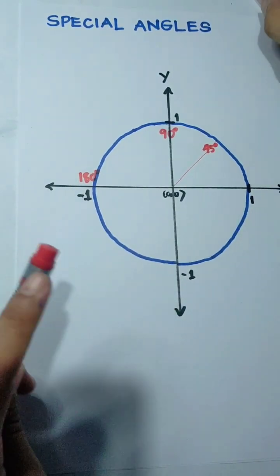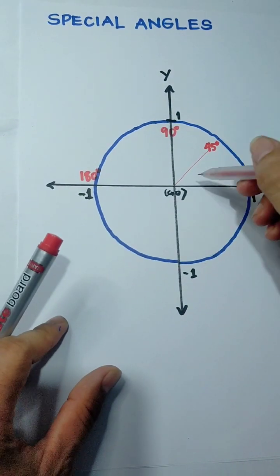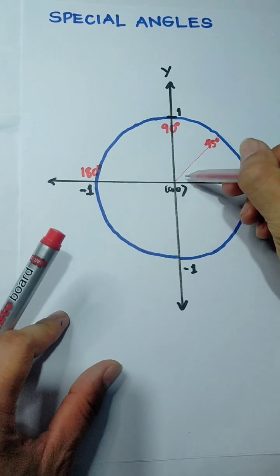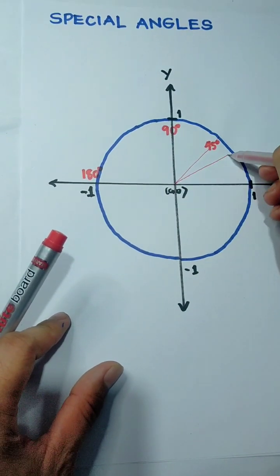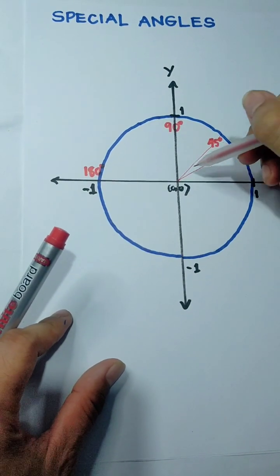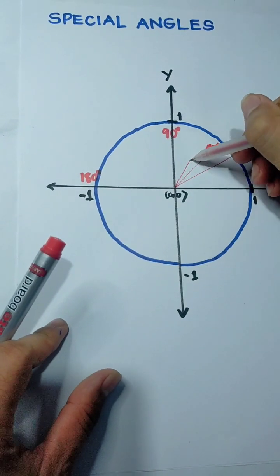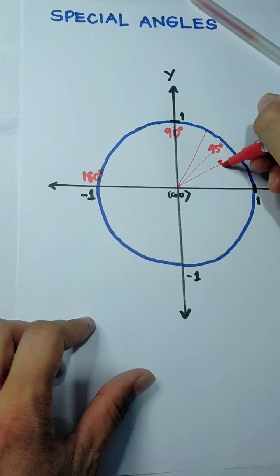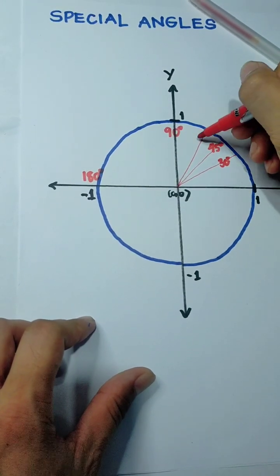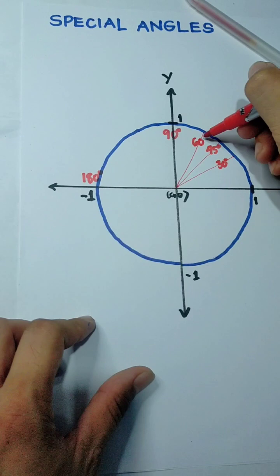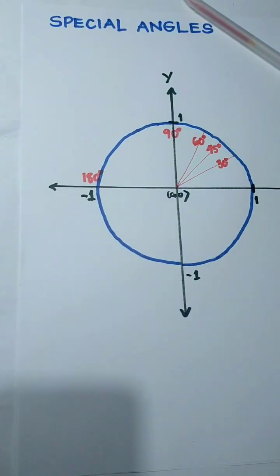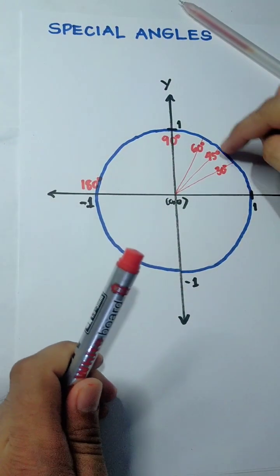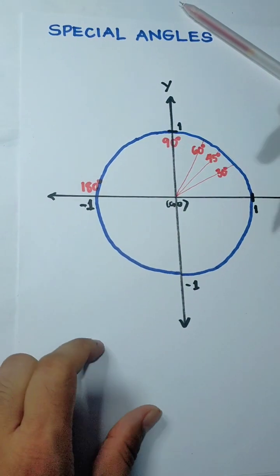Now another special angles are 30 degrees and 60 degrees. So let's consider that as our 30 degrees, and this one is our 60 degrees. So this is 30 degrees, and this is 60 degrees. Okay, these are the special angles in our first quadrant.